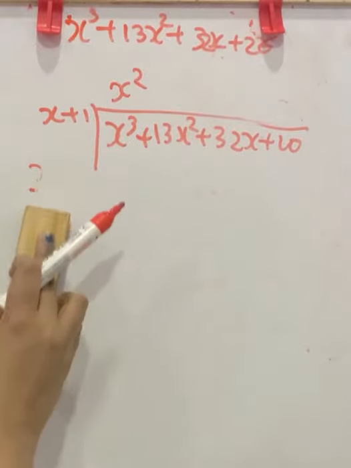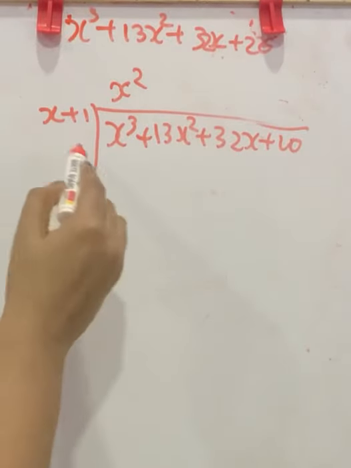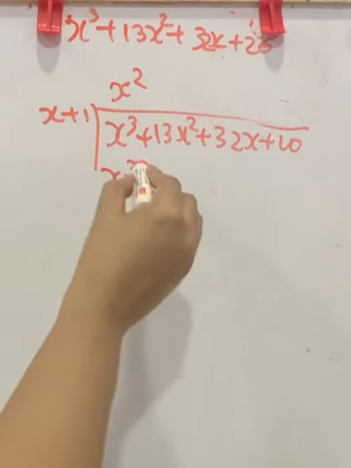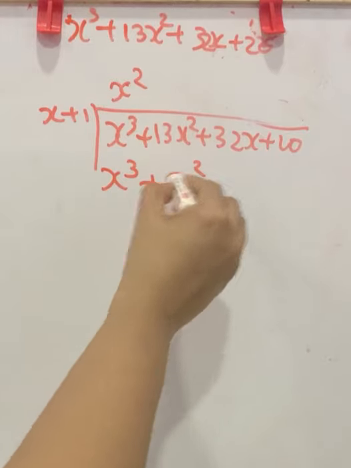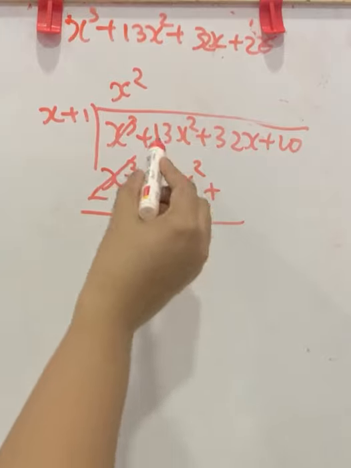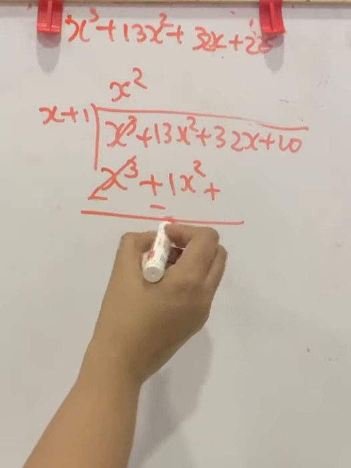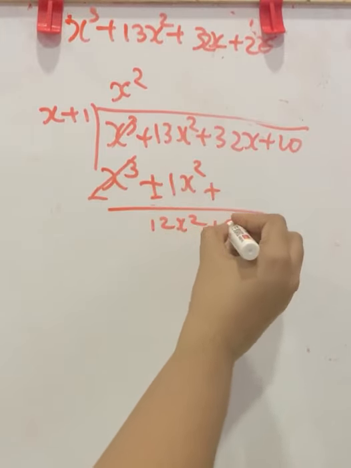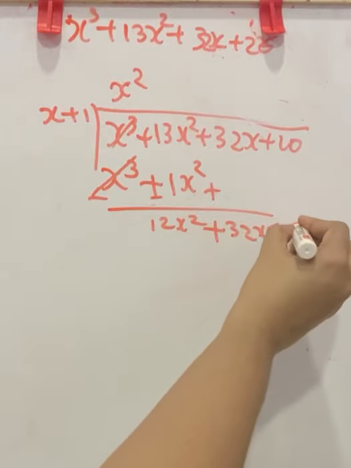Now multiply x square into x cube, x square into plus 1, x square. Subtract, make it addition, change the signs. This will be cancelled. Plus 13 and minus 1 is 12x square. Carry down this 32x and 20.